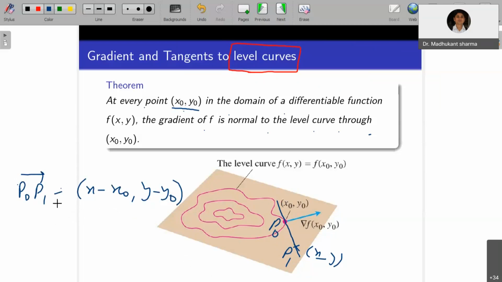You have noticed that grad f at p naught is orthogonal to this vector p naught p1. Just now we have established that result.